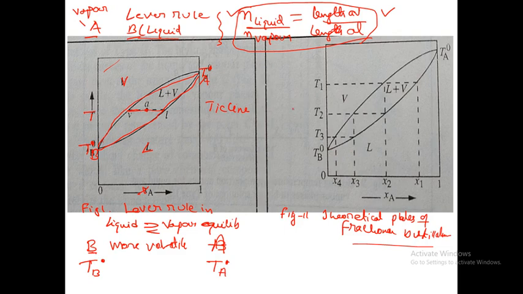Here also we are considering temperature versus mole fraction of component A. With the help of this diagram, we can use this lever rule diagram for illustration of fractional distillation of two liquids. Suppose a liquid, which can be any liquid like water or acetone, with composition of mole fraction X1 is heated to temperature T1.